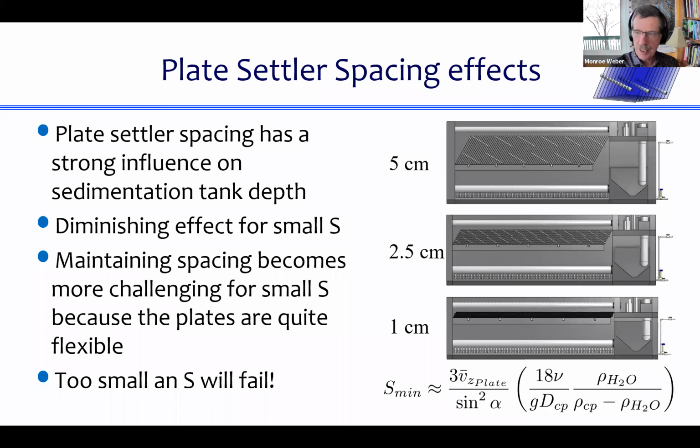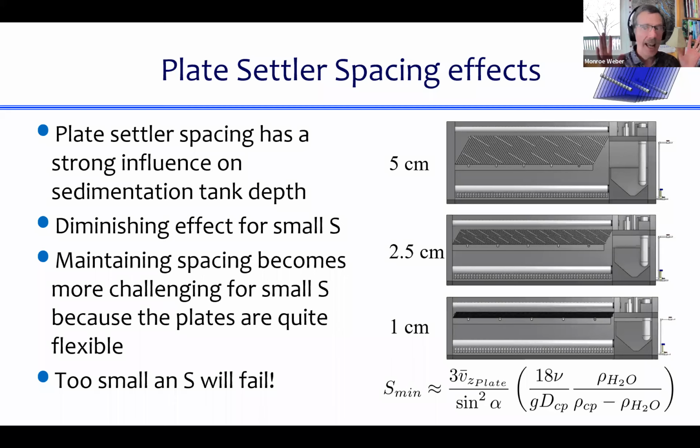So you can see that in the drawings, as you go from 1 centimeter spacing to 2.5 to 5 centimeter spacing, the plate settlers get longer and longer. The other thing that's happening is in each of these designs, the total area of plate settlers is actually very close to the same. So in order to get all that area in there, we have to have longer plates when they're further apart.